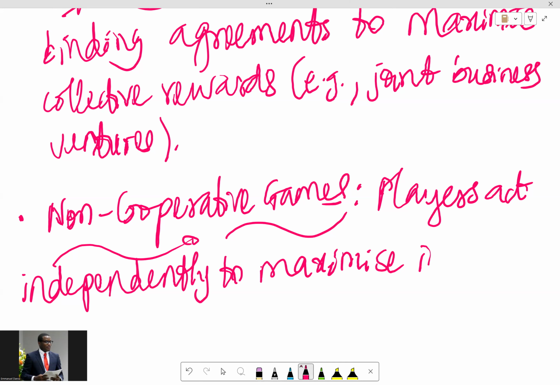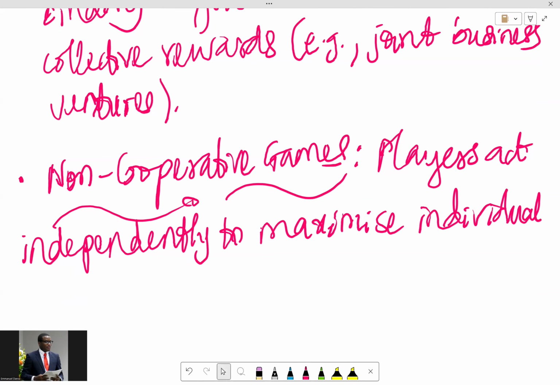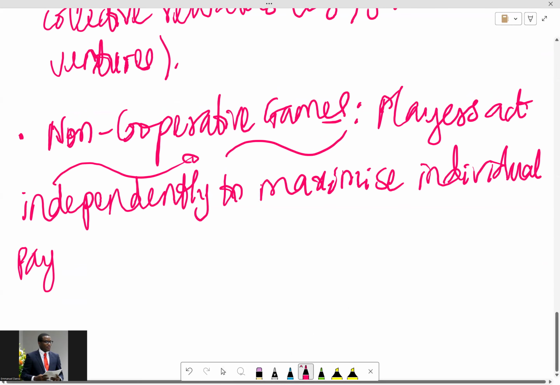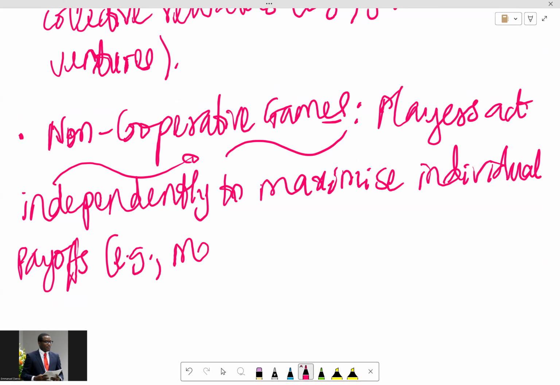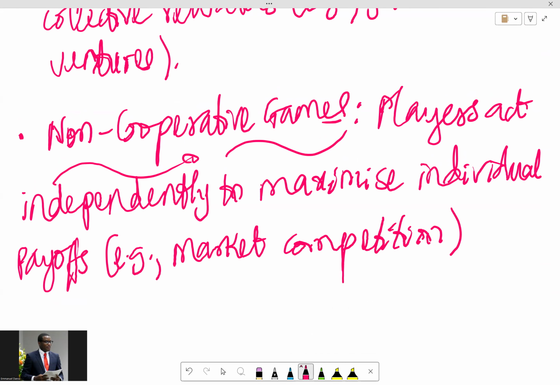Here, nobody's interested in cooperation. For example, we have market competition, where brands are pitched against themselves and they don't ever form any kind of coalition.